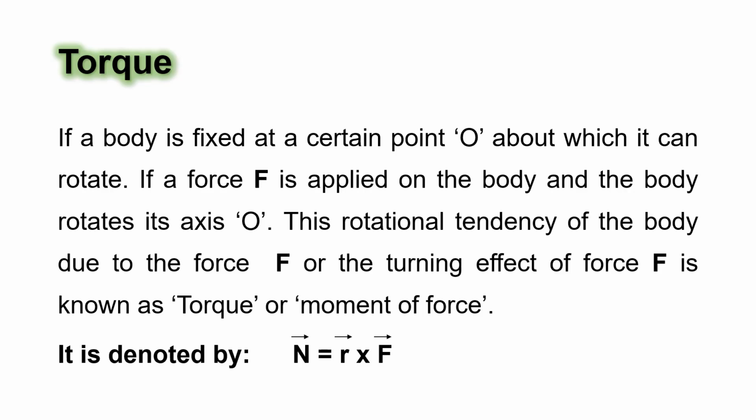Now the another term we have to discuss for classical mechanics, where all these things are being used. If a body is fixed at a certain point O about which it can rotate, the rotating force is called the torque.